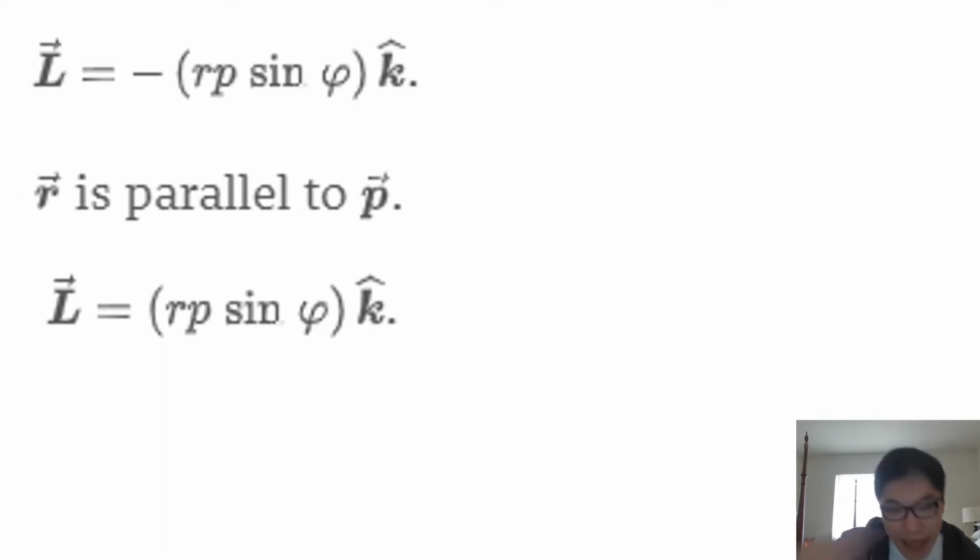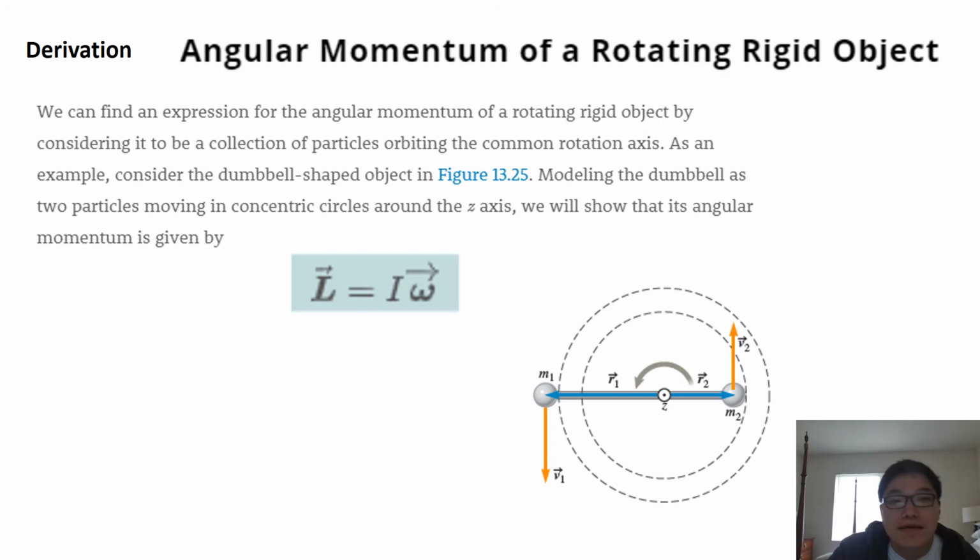The last one, case 3, the angular momentum is out of the page in the positive z direction. So we have L equal to r times p times sine theta in the k hat direction.